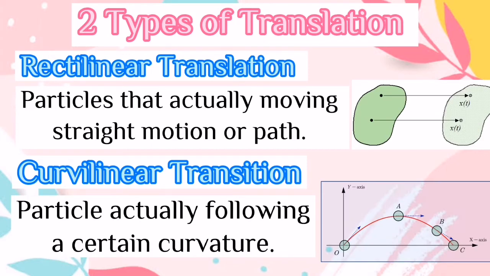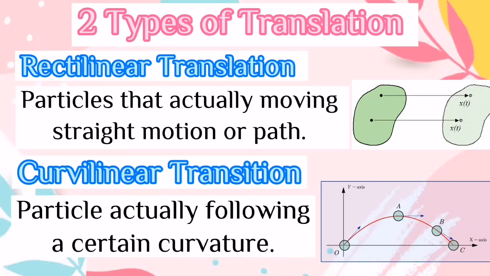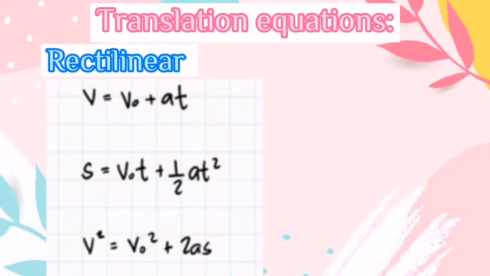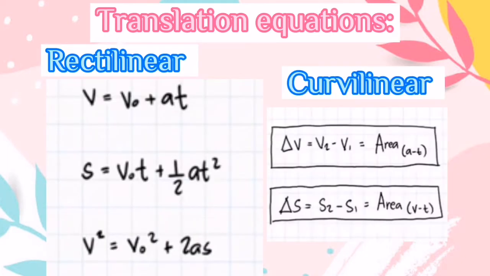Curvilinear is generally motion wherein a particle follows a certain curvature. In other words, the body follows a curved path. So we have 3 equations for rectilinear and 2 equations for curvilinear.